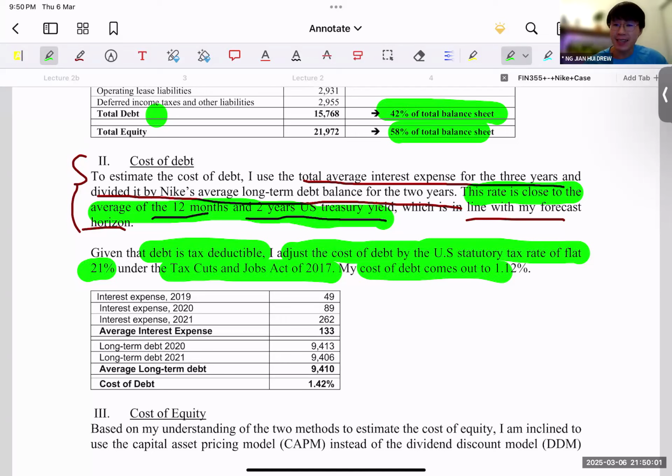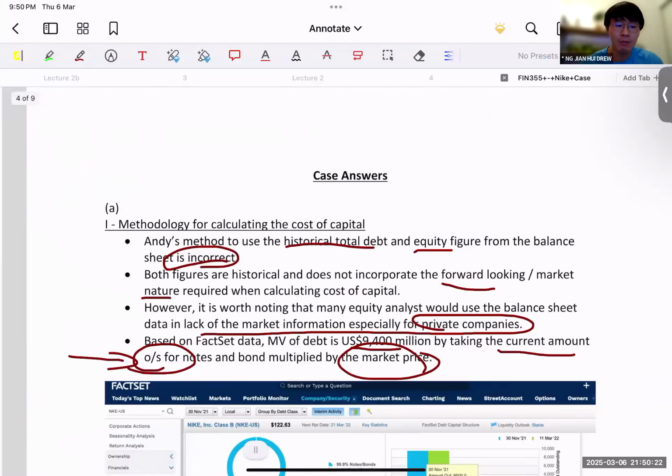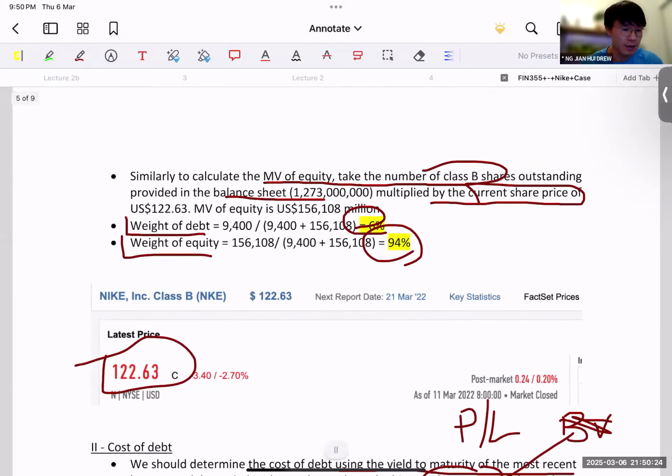I repeat again, if you make $10 of profit and your tax rate is 10%, you're not going to pay $1, because all of us will have some tax rebate. This tax rebate reduces our effective tax rate. And that's why I saw a comment that you should use effective tax rate. You are right, but at the same time, not completely right.